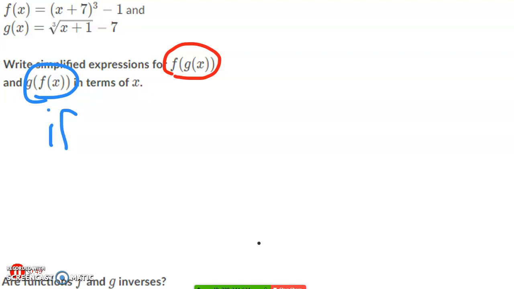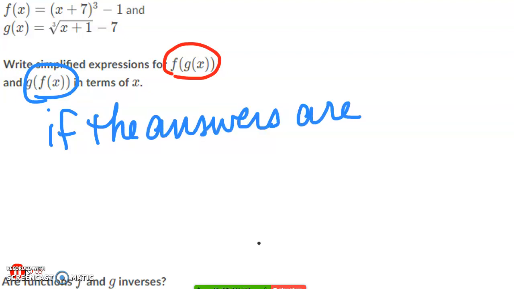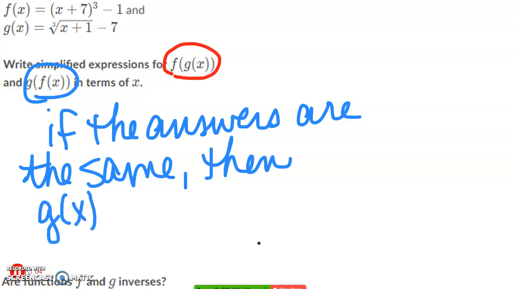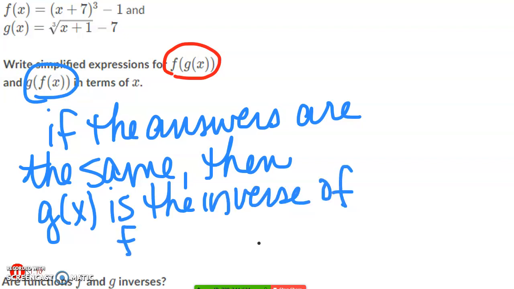So if the answers are the same, then g of x is the inverse of f of x. That's the rule. You can pause the video and write that down if that helps you.